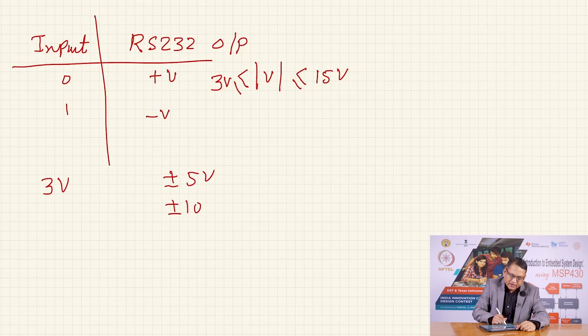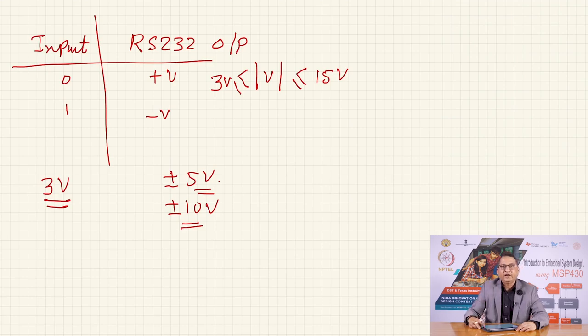Now, how do you generate plus minus 5 volt from 3 volts? Either you supply individual voltages, bipolar voltages of this value, or many of these line drivers have a built-in DC to DC converter which converts the supply voltage of 3 volt to 5 or 10 volts.